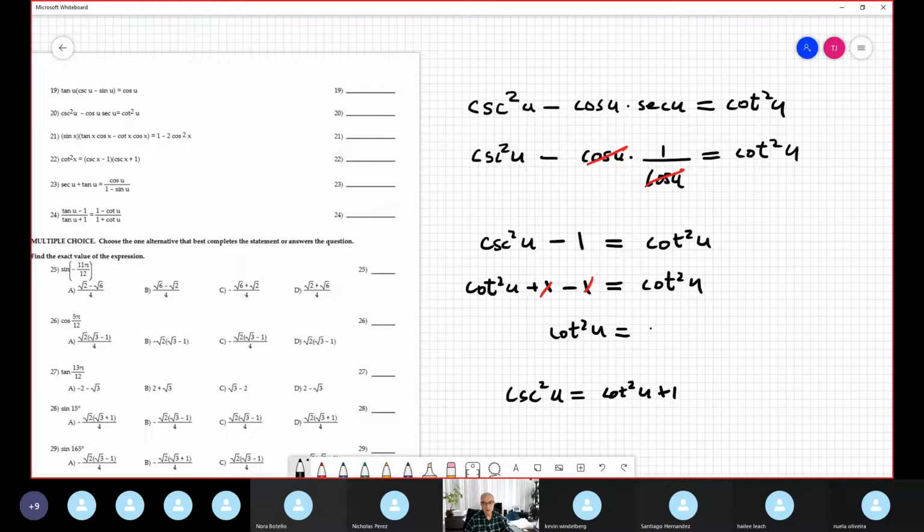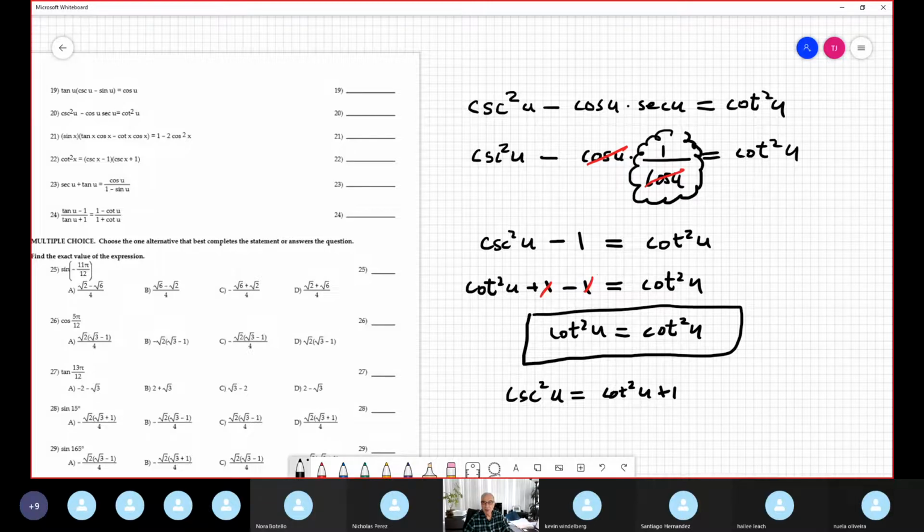It doesn't matter the expression, but when you get identical twin brother expressions, you prove it and you stop. In this case, I'm using one more time the reciprocal identity, which is the most popular, and Pythagoras. This Pythagoras. No, this Pythagoras, sorry. No, this, you know this. Pythagoras. Okay.